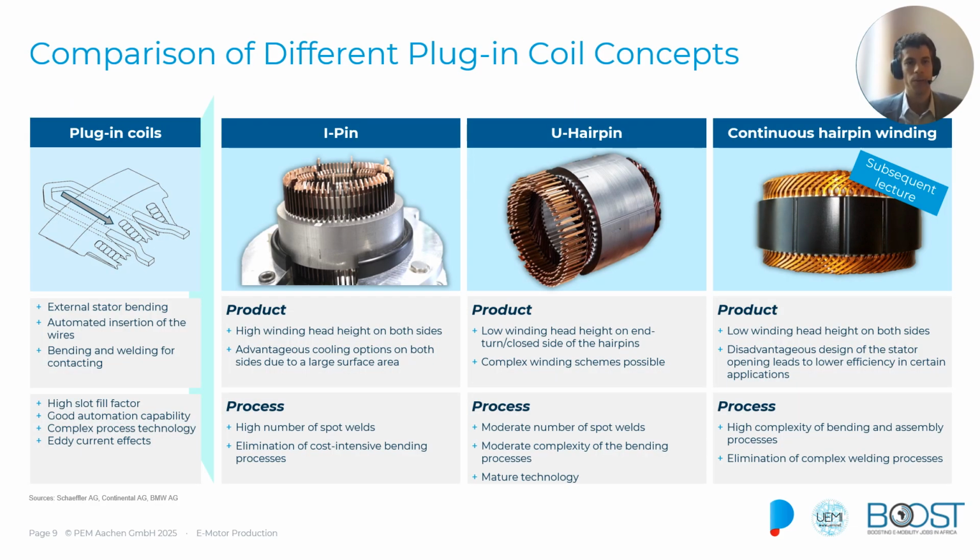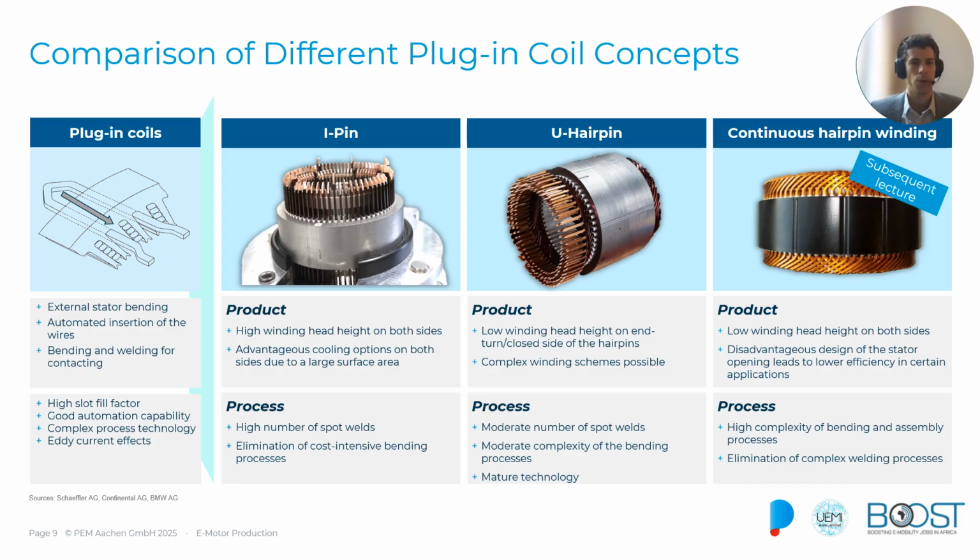On this slide, we compare the different plug-in coil concepts. With the I-pin technology, the pins will not be bent before they are inserted into the stator slot. The downside is that we have twice the number of welds because we need to contact the pins on both sides of the stator with each other.